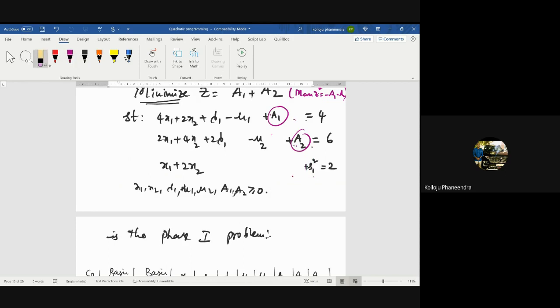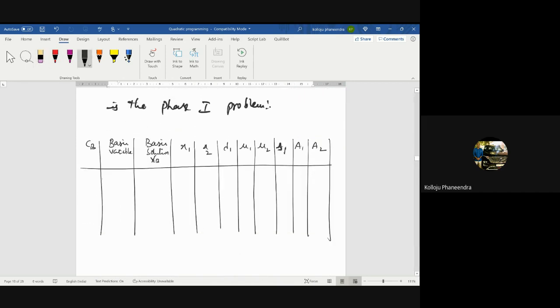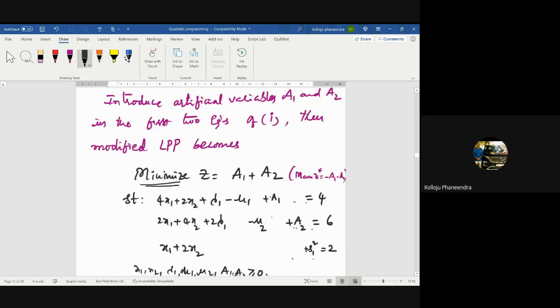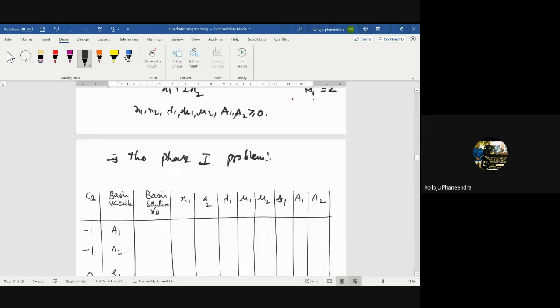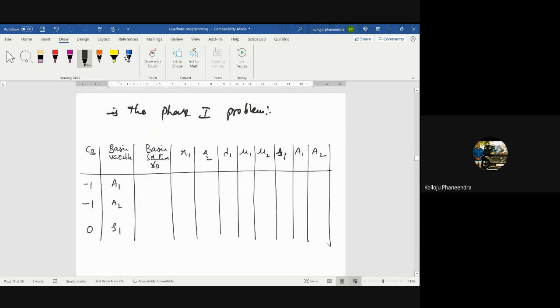After transforming to a maximization function, the objective is maximization of minus a1 minus a2, so the cost of an artificial variable becomes minus, and the cost of the slack variable is always 0.